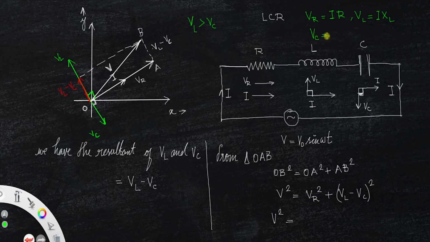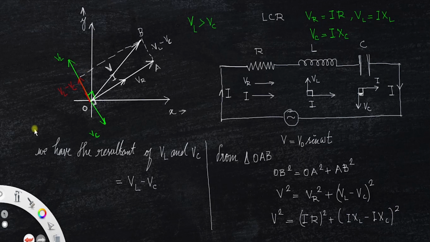Again, VC is equal to I into XC, where XC is the capacitive reactance. Let us plug in all these values in here, so that V square equals IR square plus I XL minus I XC whole square.